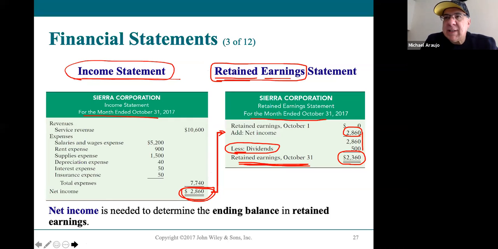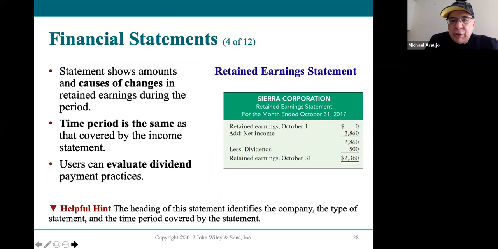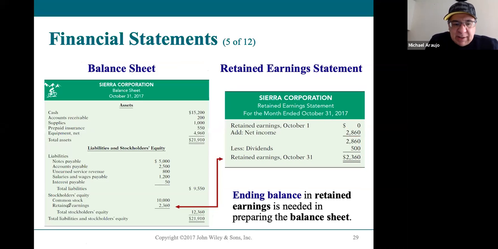Retained earnings, again, the account is a stockholder's equity account because the profits belong to the owners. So you're going to see the retained earnings balance show up on the balance sheet under stockholders' equity, because it's the stockholders, the owners, that own the profits retained in the company. So there are actually two stockholders' equity accounts that you need to be familiar with. The first one, it was mentioned earlier on, called common stock.